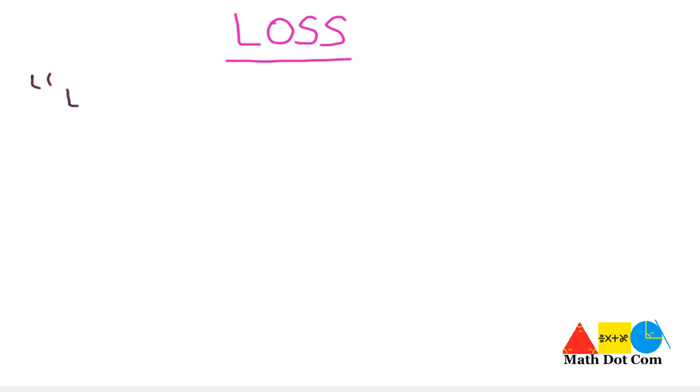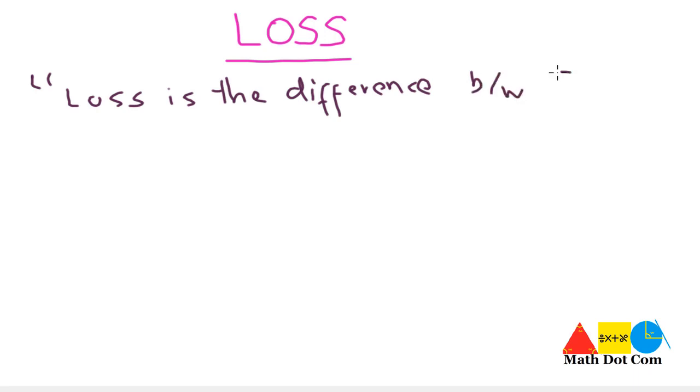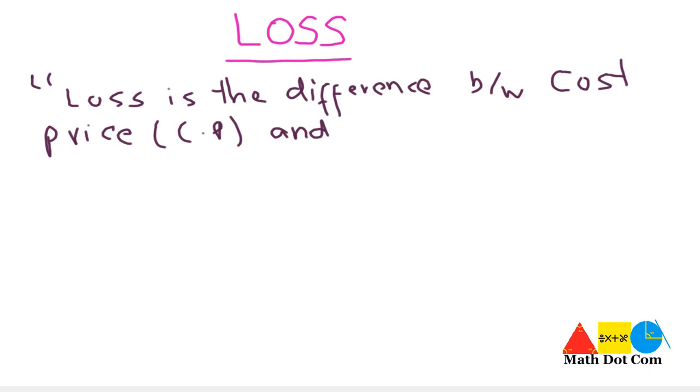Loss is also the difference between cost price (CP) and sale price. Whenever we find the profit or loss, first we have to find the difference and check which is greater, either the cost price or the sale price.